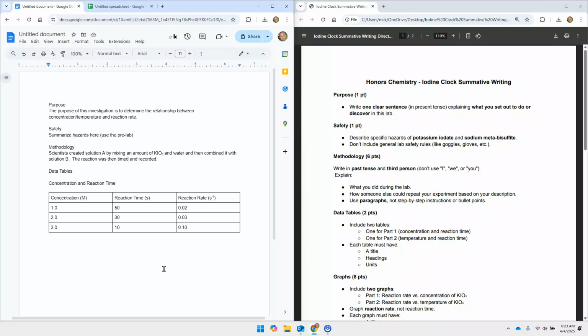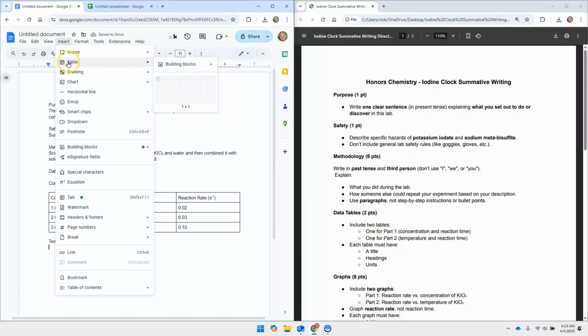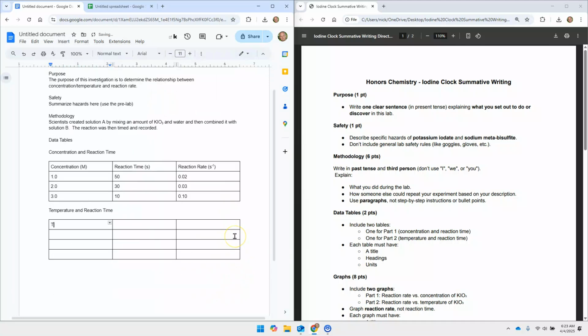All right, the second data table that we had was for temperature and reaction time. I'm going to do the same thing. I'm going to insert a table. We had 3 trials, I believe, here. So this one is going to be temperature, and my units are degrees.